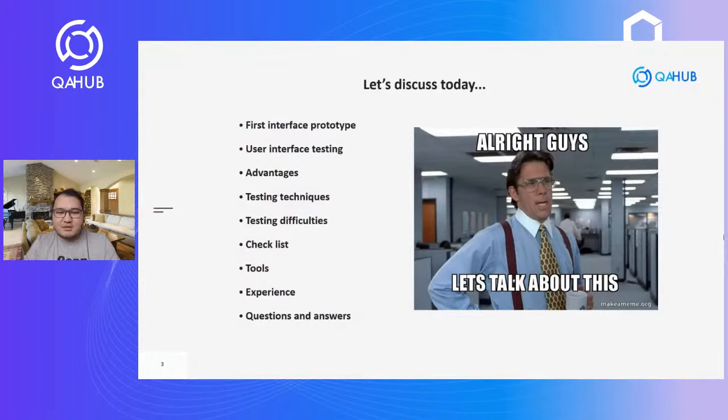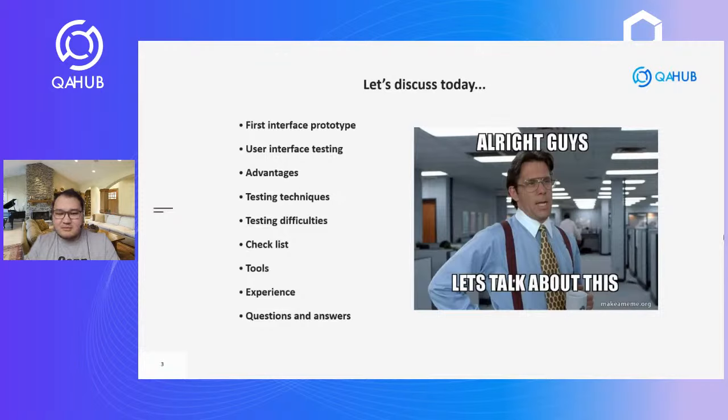Here is the agenda. I'm going to talk a little bit about the history and the first interface prototype. I'm going to talk about what user interface testing is and its advantages, what kind of testing techniques I usually use when I'm testing UI, what testing difficulties I face, and minimum and nice-to-have checklists.